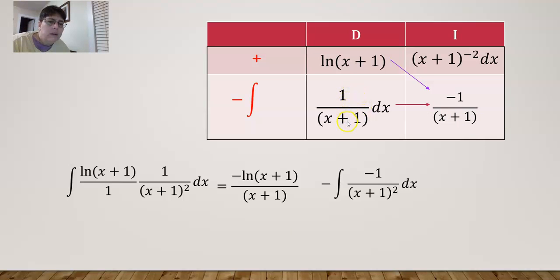So, 1 over x. Yeah, so we've got 2 of these x plus 1 pieces, minus 1. And you know, that looks like exactly what we started with here. And we found the integration as negative 1 over x plus 1.